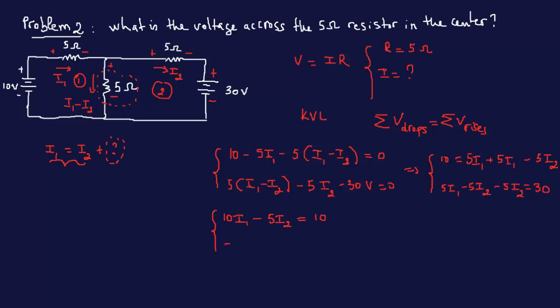We have 5 I1 minus 10 I2 is equal to 30. Okay, so what's I1, what's I2? Let me multiply at the bottom by 2. This is two equations, two unknowns.